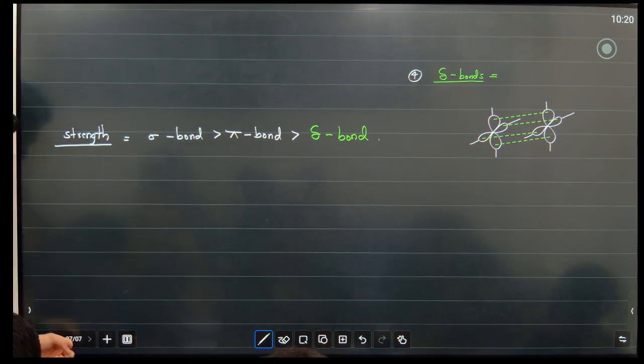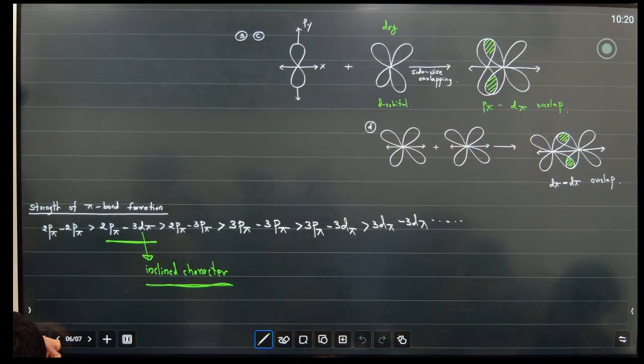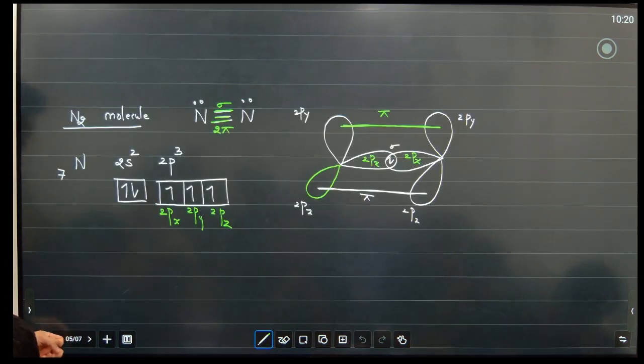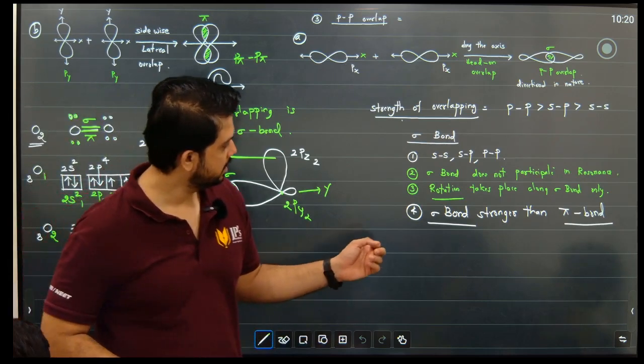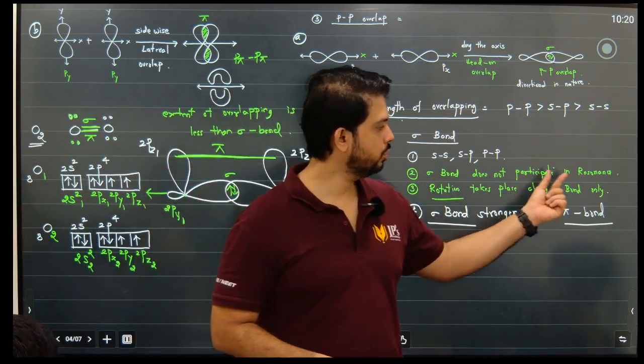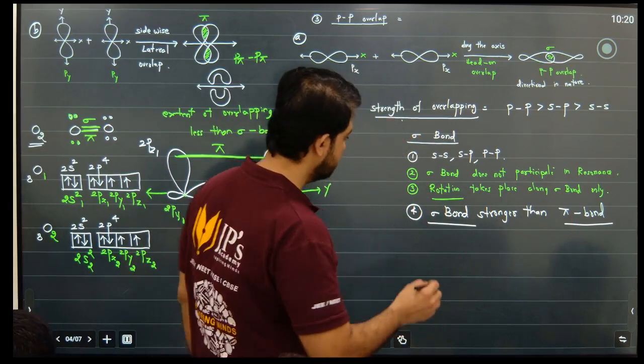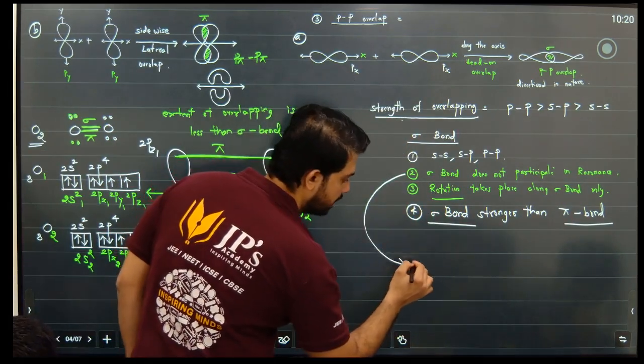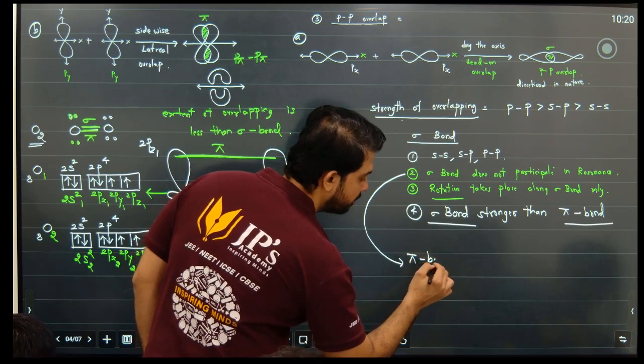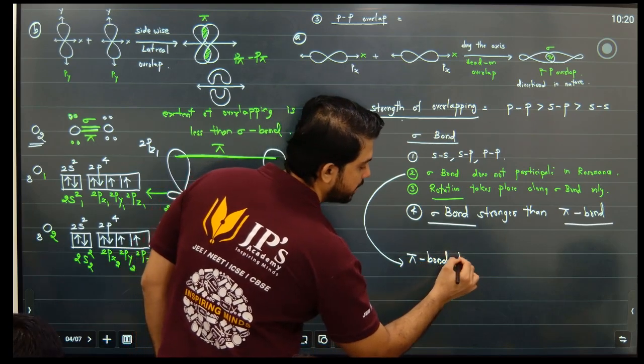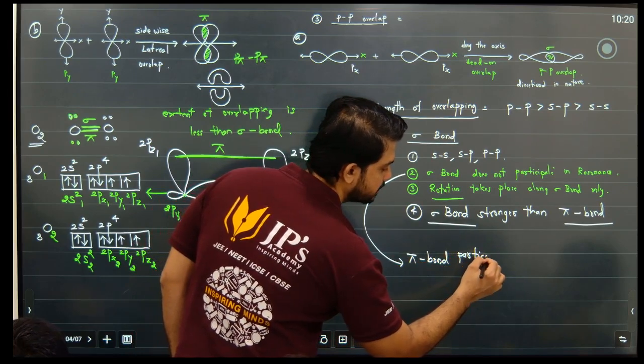Okay, now sigma bond does not participate in resonance, but pi bond or pi electrons actually participate in resonance.